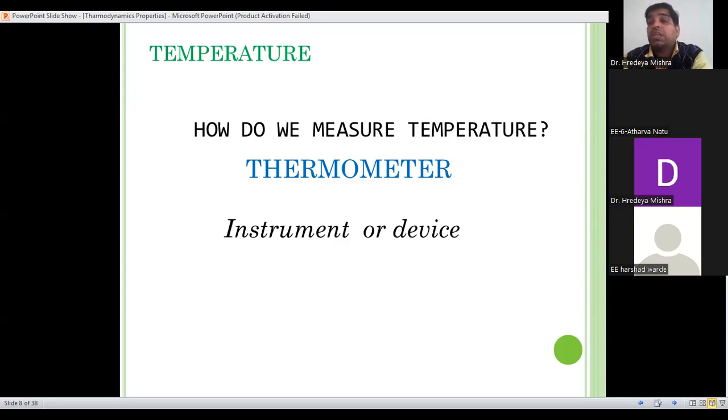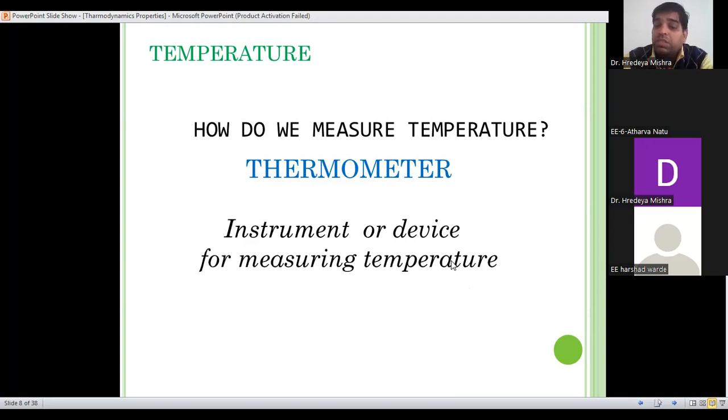Then the temperature gun, the thermal gun, is used. It doesn't touch the body, but some rays contact your body and measure your temperature. So it is an instrument or device for measuring the temperature.